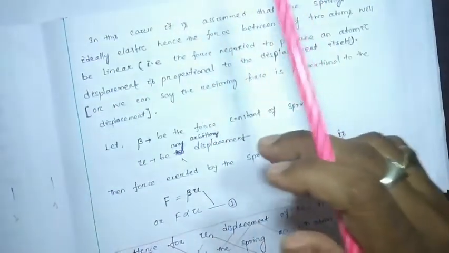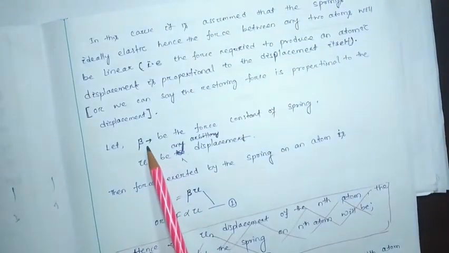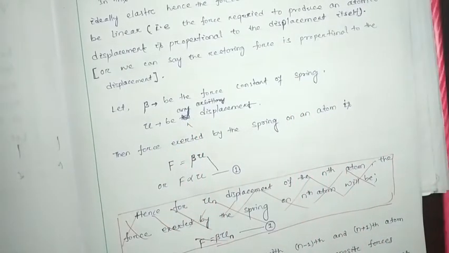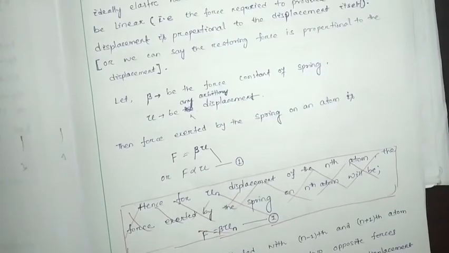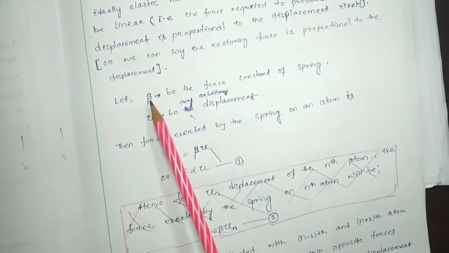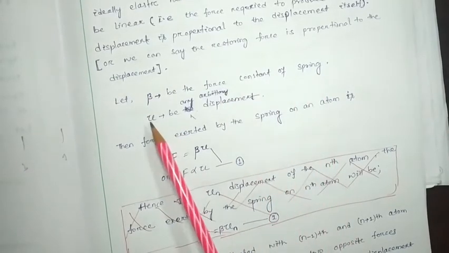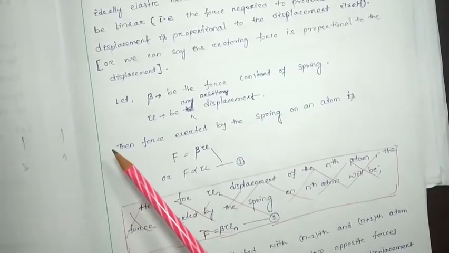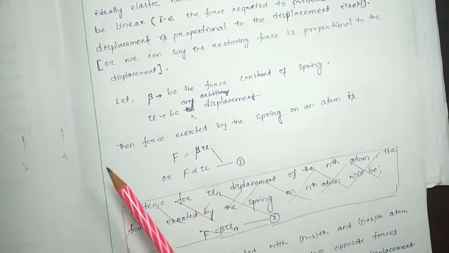Here, let beta be the force constant of the spring and u be any arbitrary displacement for this one-dimensional lattice structure.